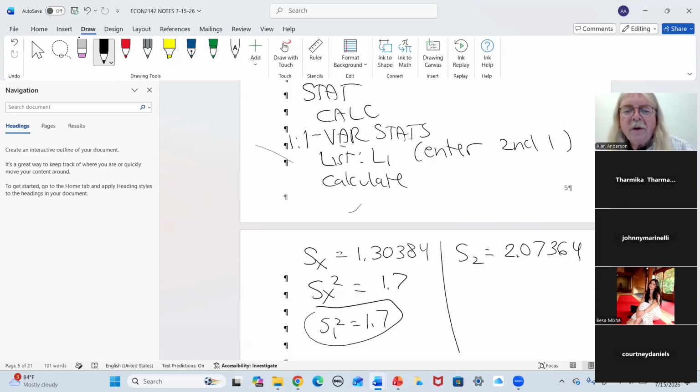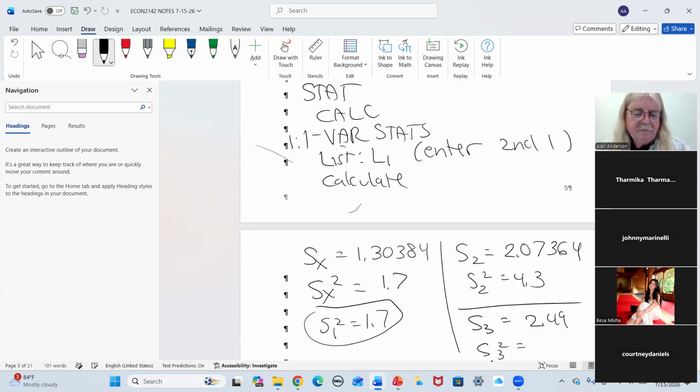It's almost exactly 4.3. And then for S3, SX is 2.49, let's say. When we square it, it's almost exactly 6.2.